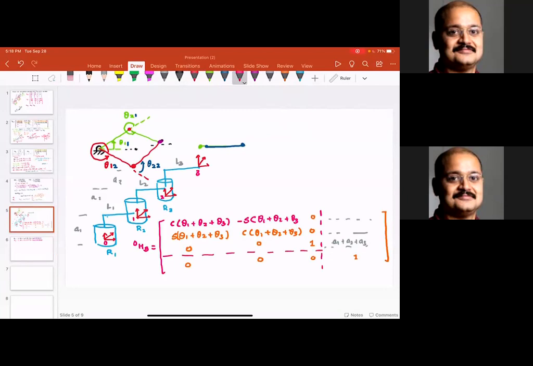Here, the problem will again be given to you as some value of Px will be known, some value of Py will be known, Pz is going to be a constant, and the final orientation of the end effector will be given to you. So maybe it will give you the rotation matrices, or it will give you the roll, pitch and yaw.